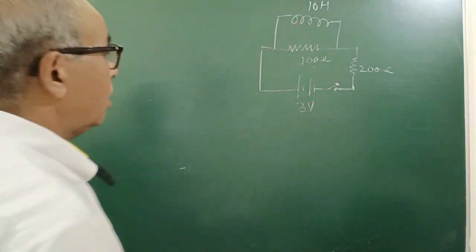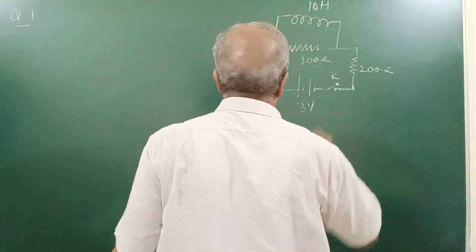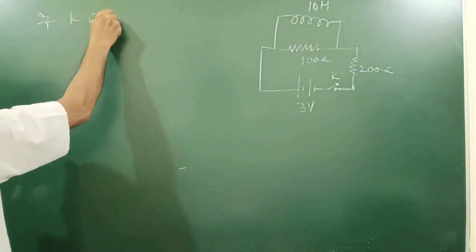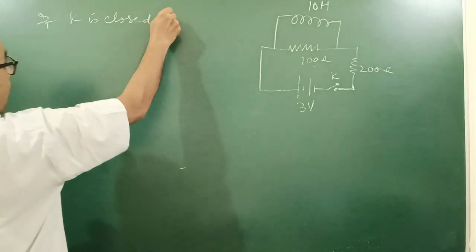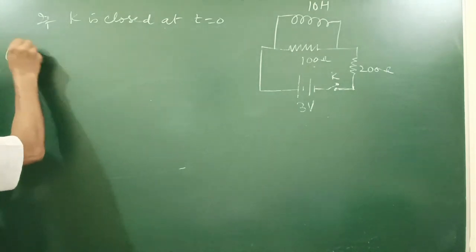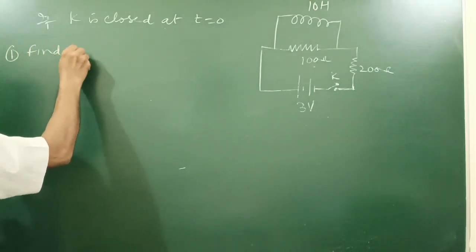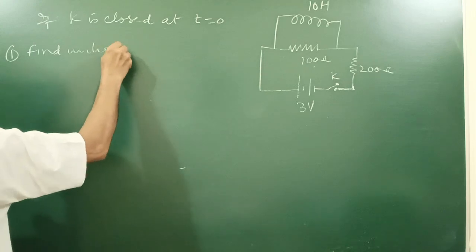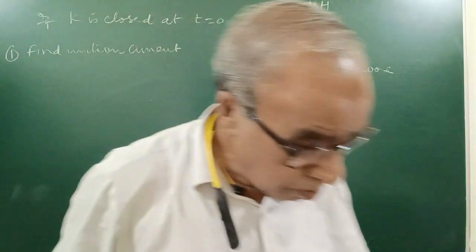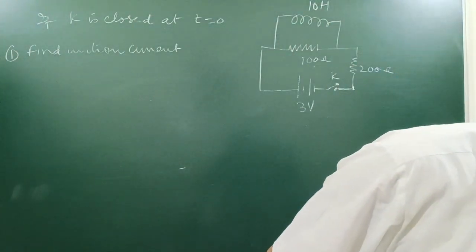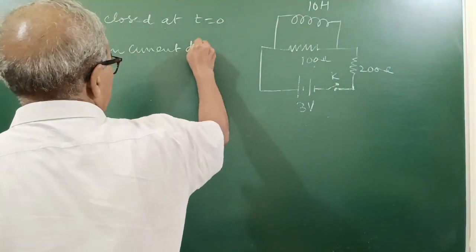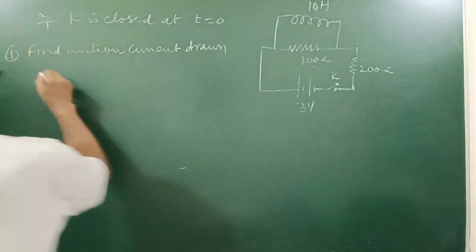So you are asked, if K is closed at t equal to 0. Number 1, find the initial current through 100 ohm. Find the initial current drawn from the battery.